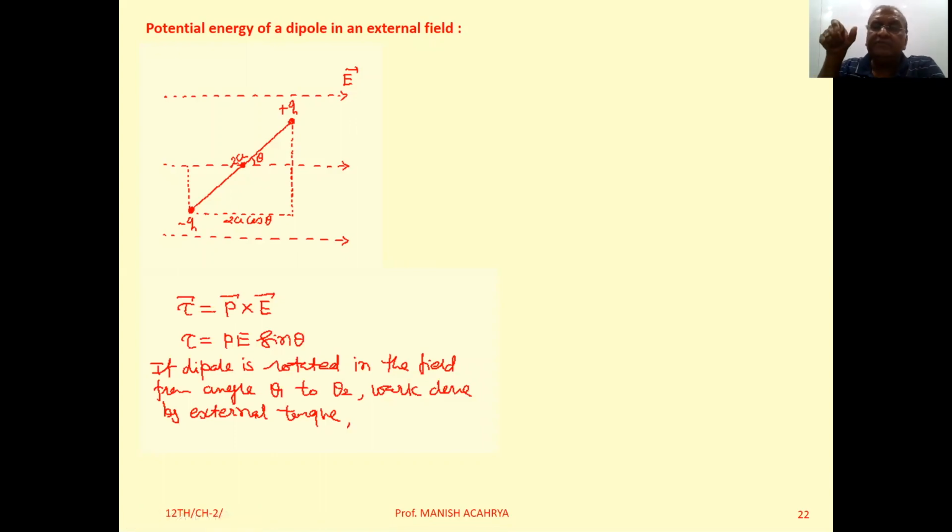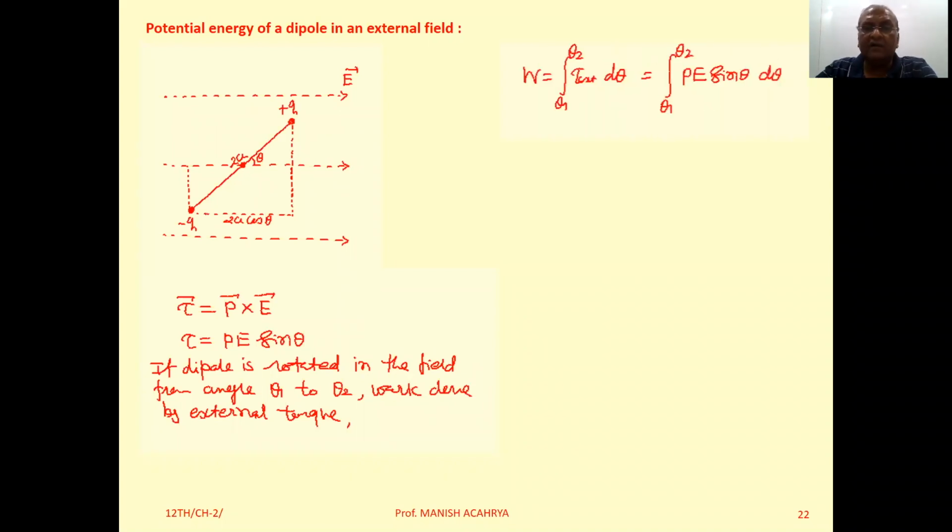Now, if we want to rotate the dipole in this field from angle theta 1 to angle theta 2, then work is done by the external torque. We have to apply an external torque to rotate it, because the torque the field applies makes the dipole always try to align with the field. So if we want to rotate it from angle theta 1 and set it at angle theta 2, we have to give some external torque.